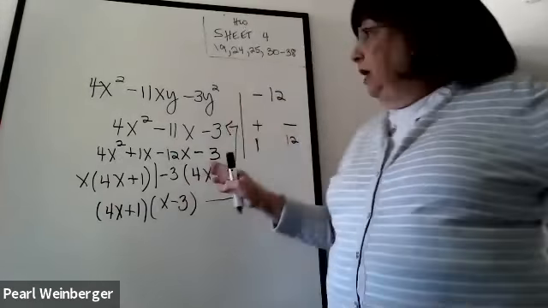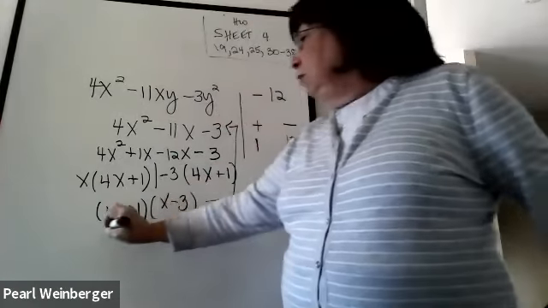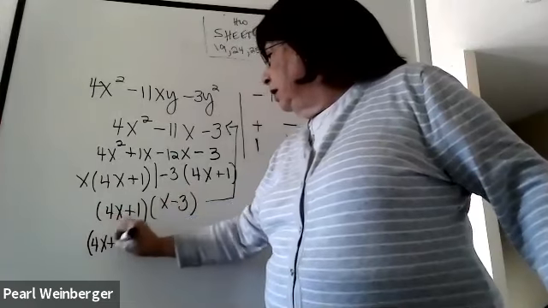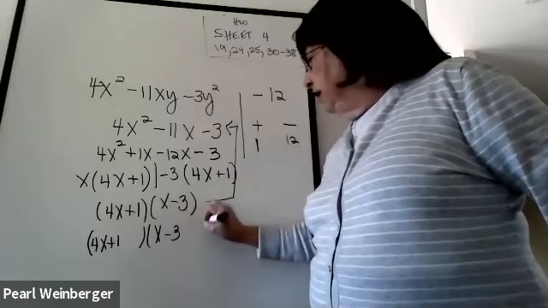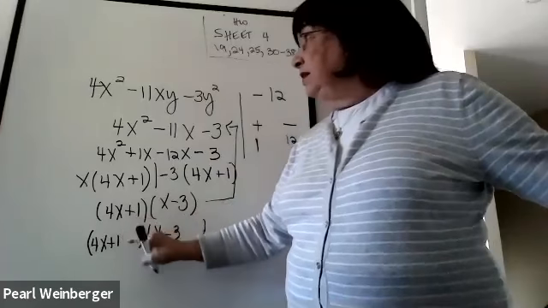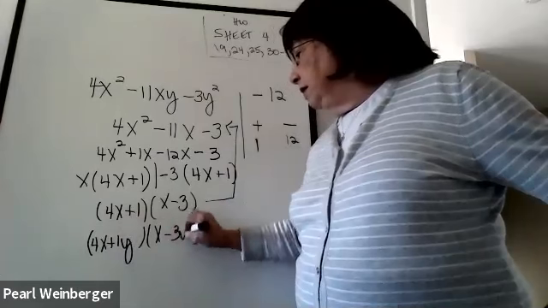But we wanted to factor actually this. So I rewrite the two parentheses, 4x plus 1 and x minus 3. Notice I'm leaving more space because at the end, right next to the last number, I put a y in both parentheses.